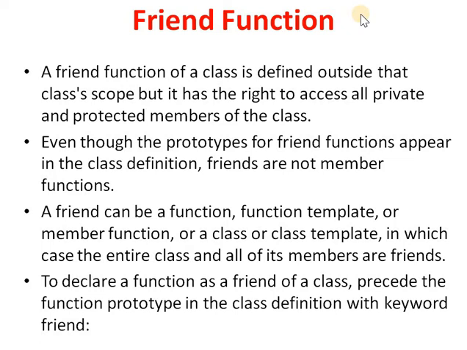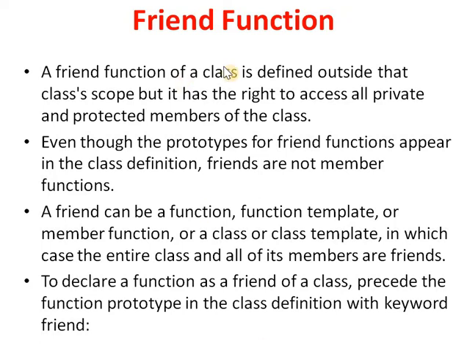Because a friend can be a function, function template, or a member function, or a class or class template, in which case the entire class and all of its members are friends. So it is called a friend function.